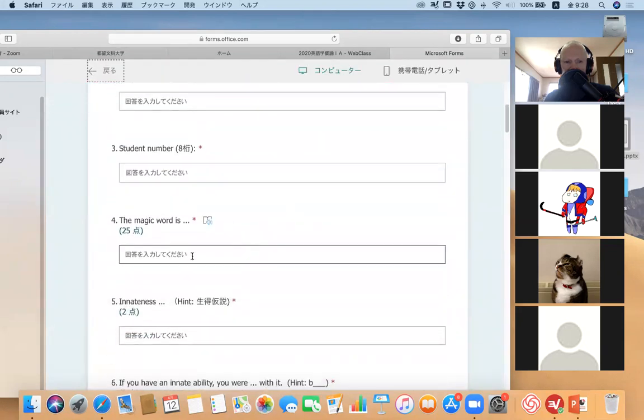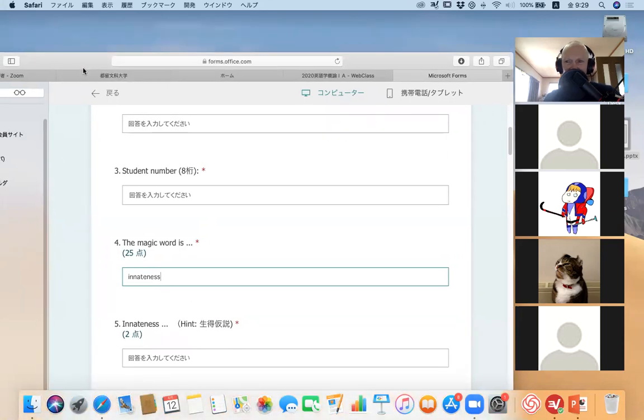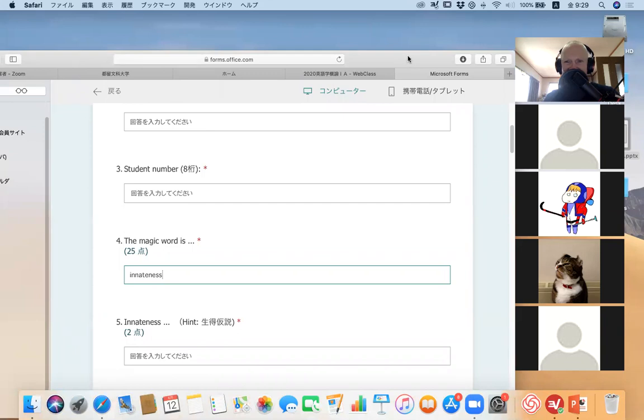Say the magic word is innateness. I'll leave that there for a while. Okay, 25 points for that, right? A nice, easy 25 points. Makes up for my mistake with complimentizer. Sorry about the mistake, but that's right. Innateness is the correct answer.